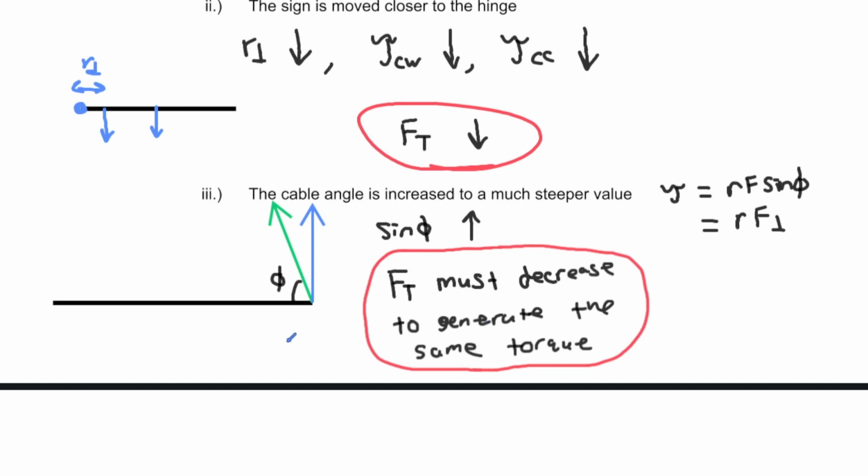And compare that to a case like this. Even though it's a very large force, there's barely any of it acting in the vertical direction. So that's why making this vertical actually decreases your required tension, because you're getting much more torque for lower force.